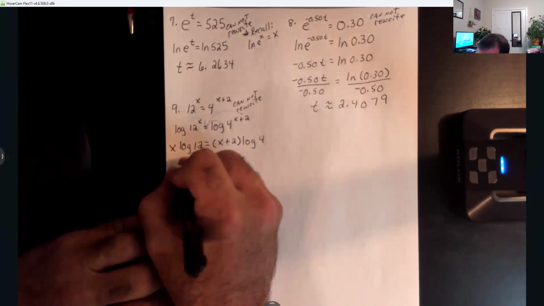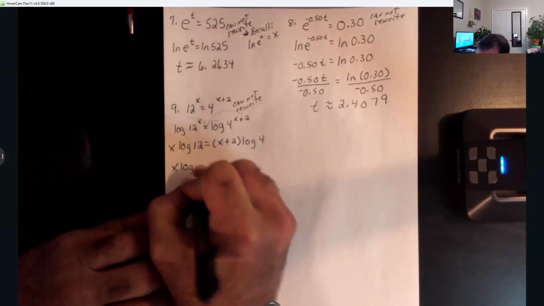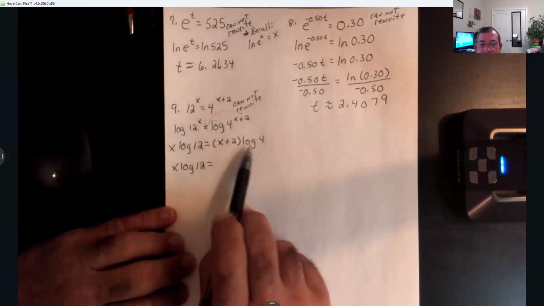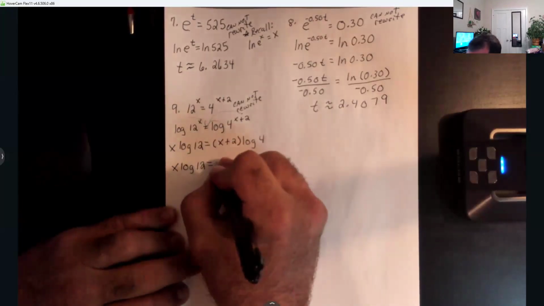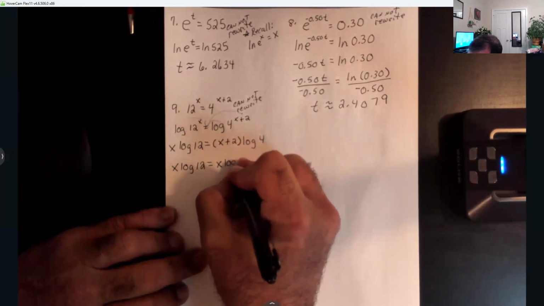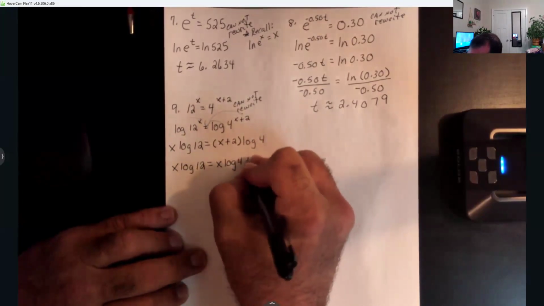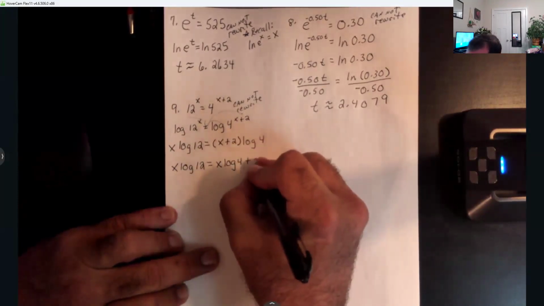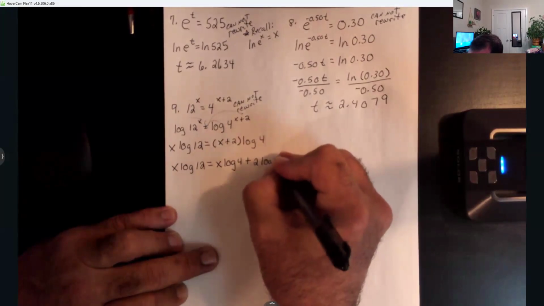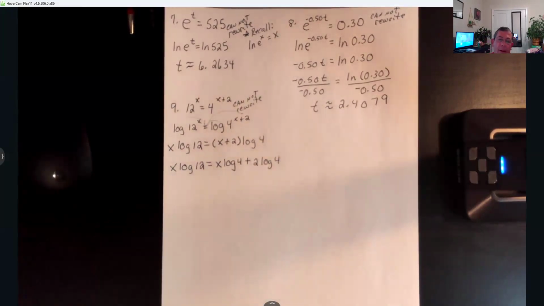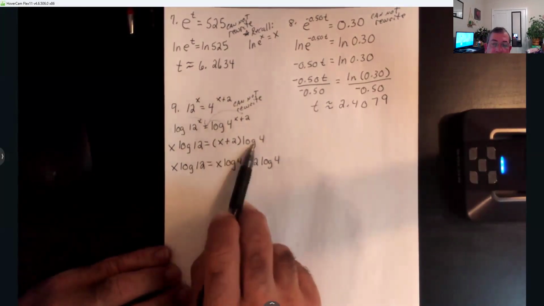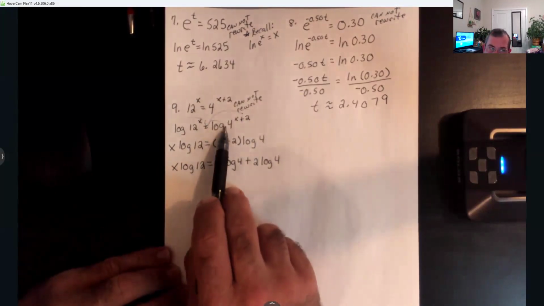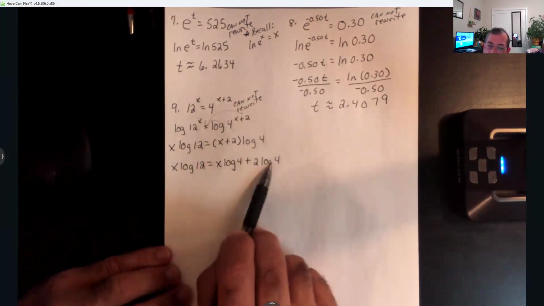So that would be my next step, to actually multiply both of these by the log 4. So I get my x log 12 on this side, and x times log 4 gives you an x log 4, plus 2 times the log 4 gives me a 2 log 4. Okay, so I do this extra step so that y'all realize that both of these have to be brought down and multiplied by that log 4, okay?